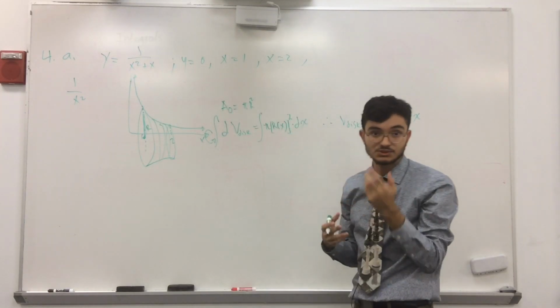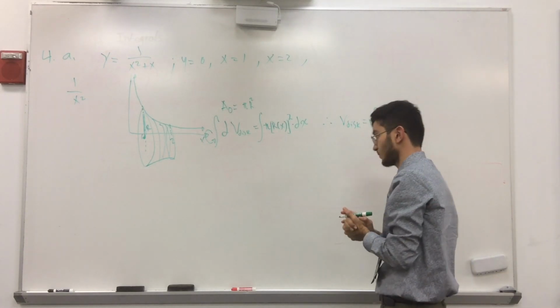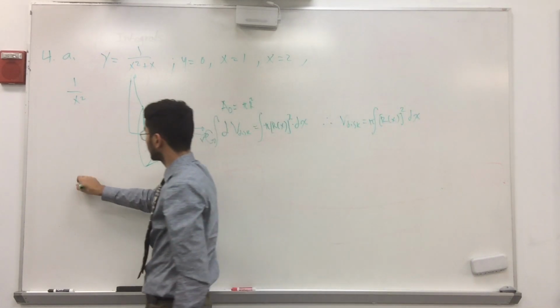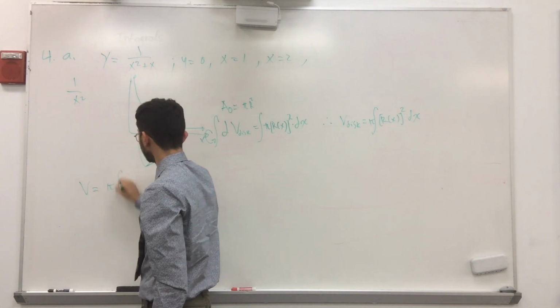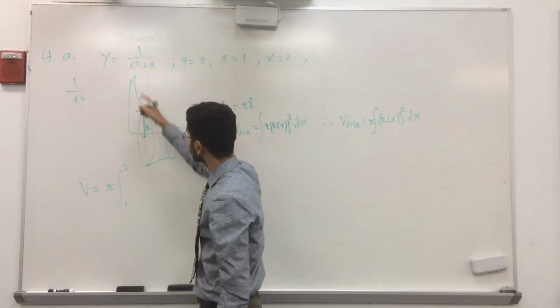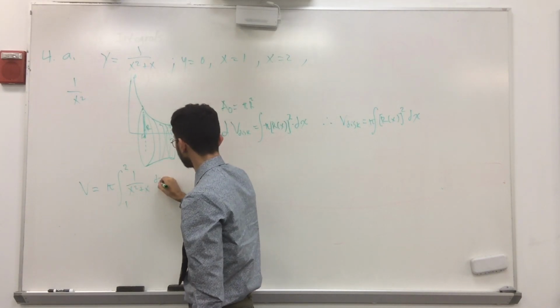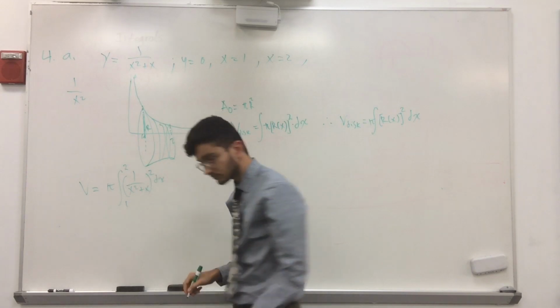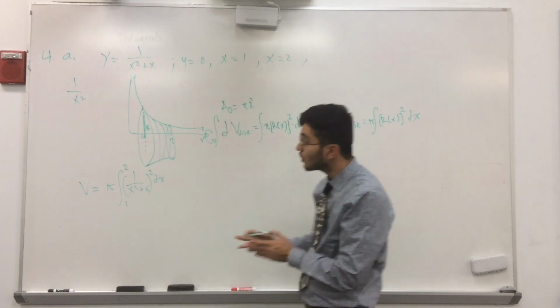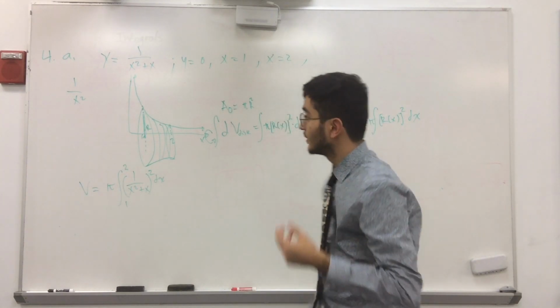So we square that function and integrate it with the product of pi. The volume of revolution will be pi times the integral from 1 to 2 of 1 over x squared plus x, squared, dx. But don't try to square this just yet, because there's an easier way to solve this problem from the beginning.